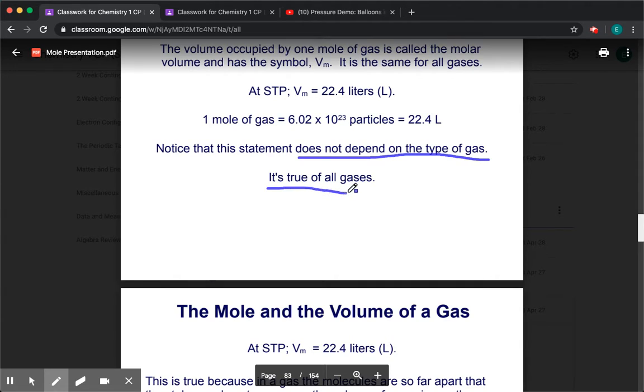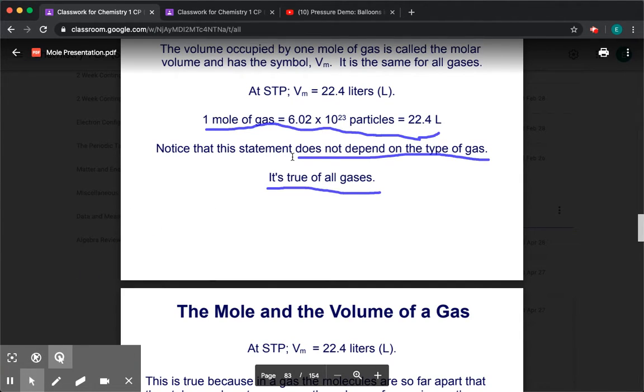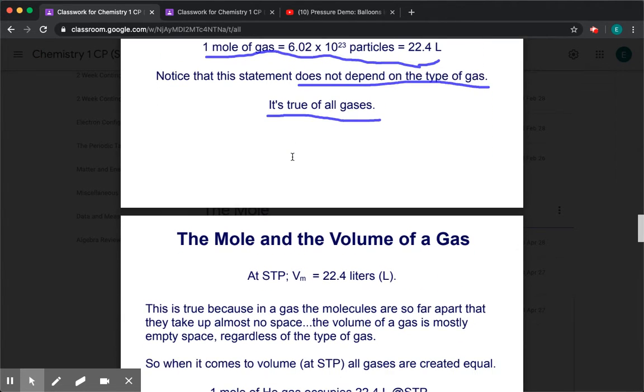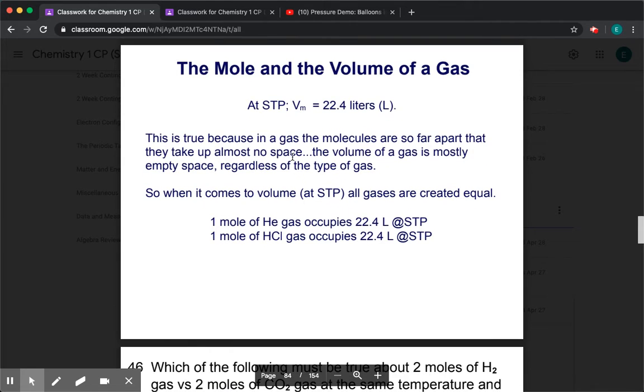It is true for all of them. It doesn't matter which one you have. And this is basically this entire section. This is the important bit of this section. From there, it's just what you've done the last 2 days. There's going to be a formula that you use to go between moles and volume. And then we're going to look at a little triangle that connects all three of them. Okay?